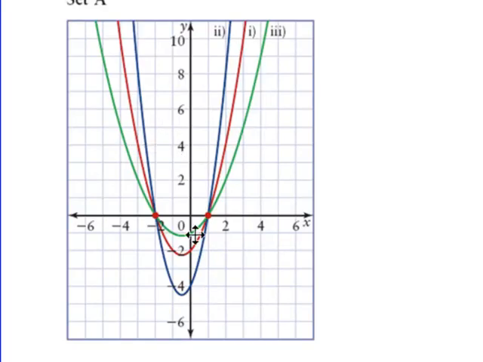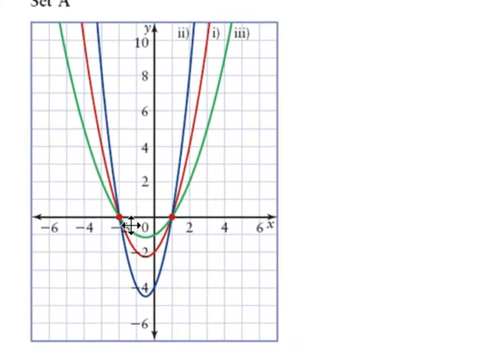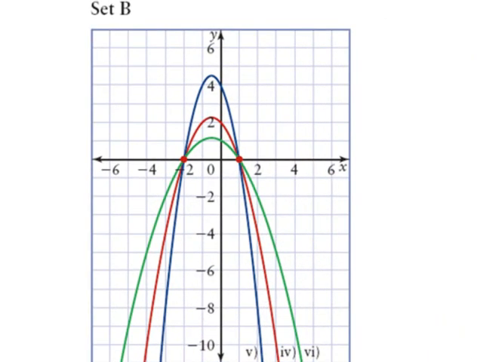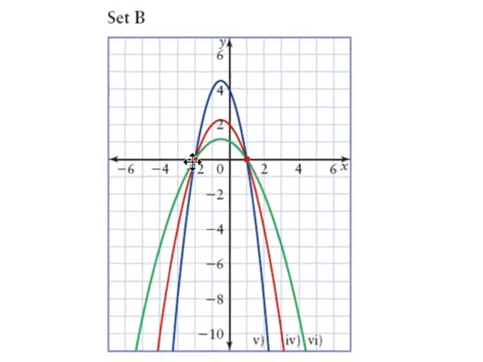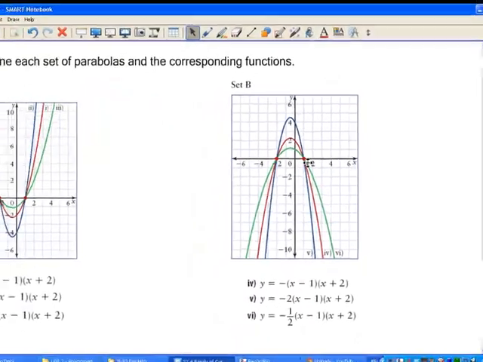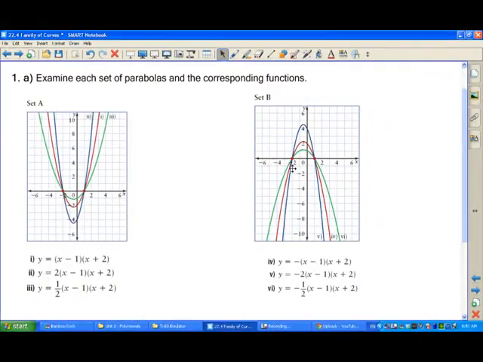Some are stretched, some are compressed, but they all pass through the same x-intercept. And likewise, if I look at my other 3 functions, I can see that, yes, they're flipped, stretched, compressed, but again, they're passing through the same x-intercepts. I hope you notice the same thing when you graph them.